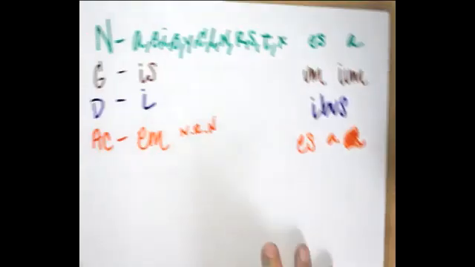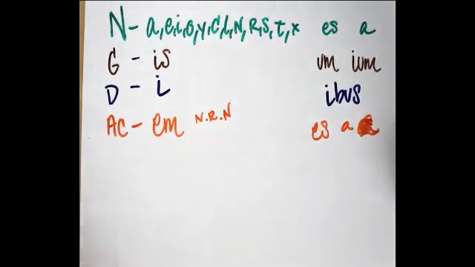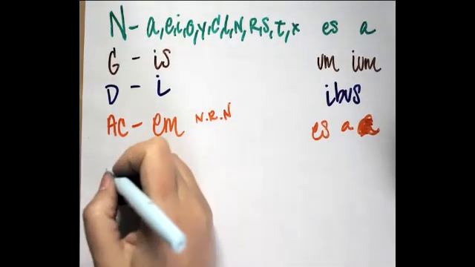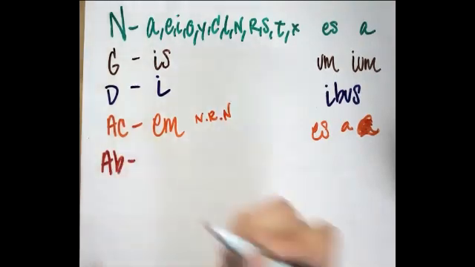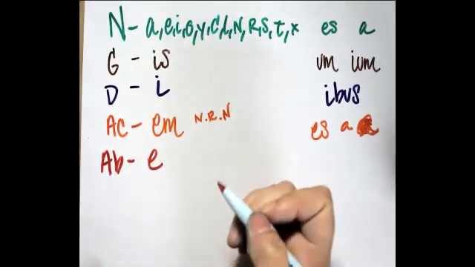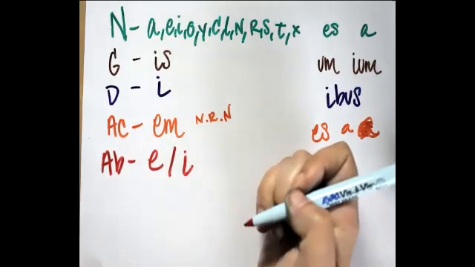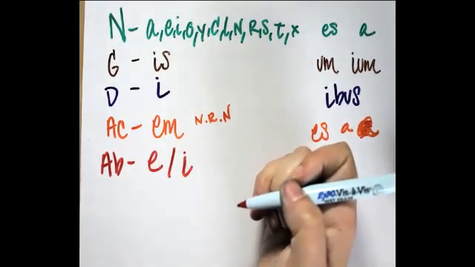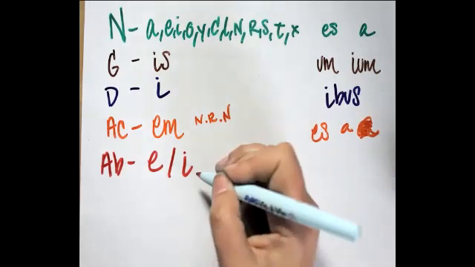For your ablative, if it's not an I stem, it just ends in E. If it is an I stem, it ends in I. Masculine, feminine, or neuter.